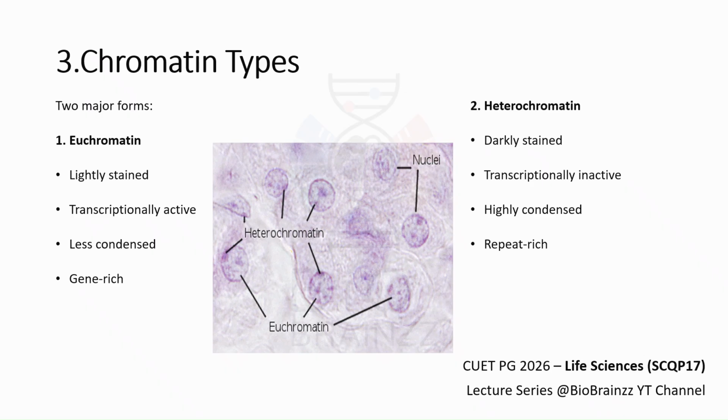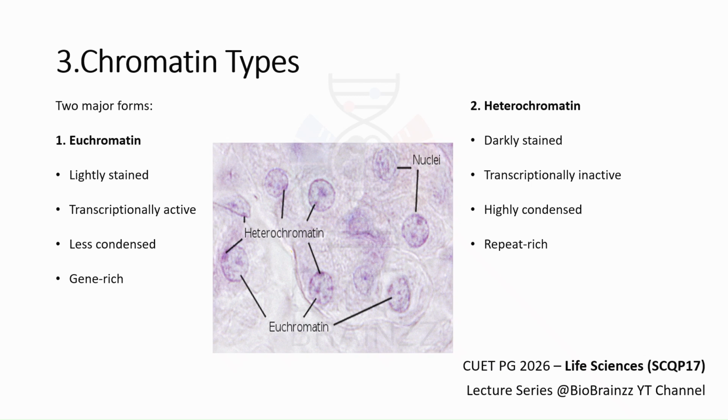It is generally transcriptionally active, meaning that the genes present in euchromatin regions are usually being expressed. Structurally, euchromatin is less condensed and is therefore more accessible to transcription machinery. It is also gene-rich, containing a large number of functional genes.